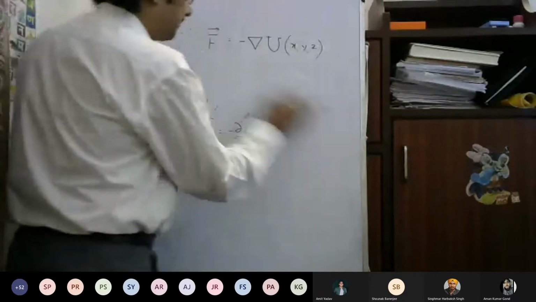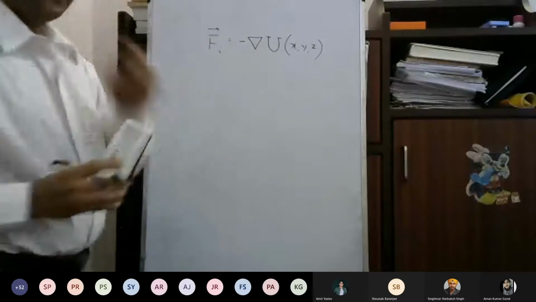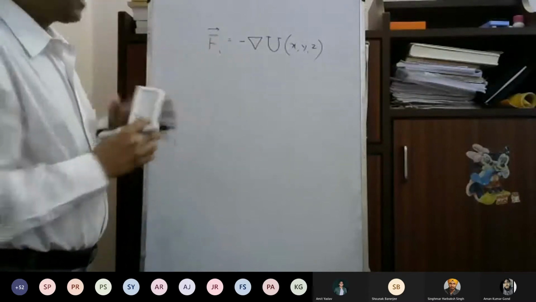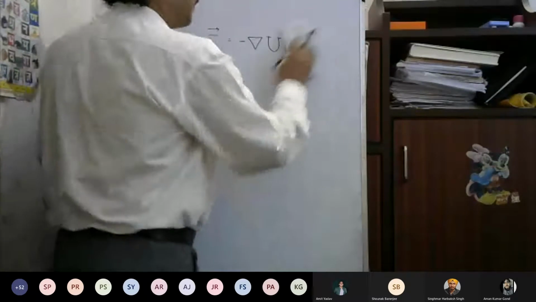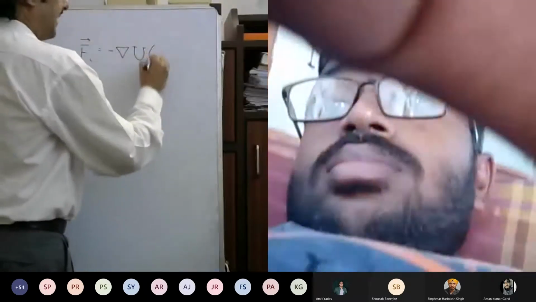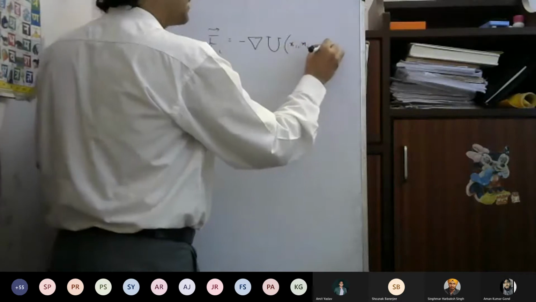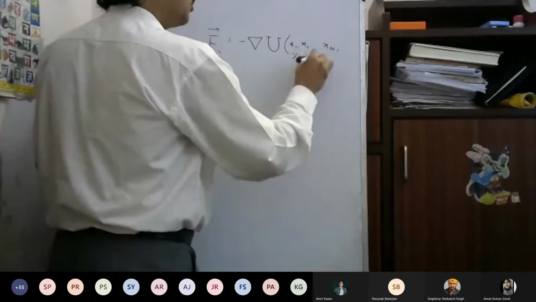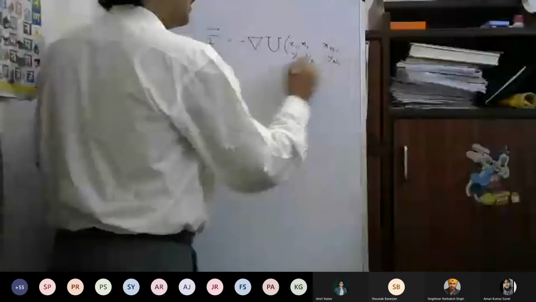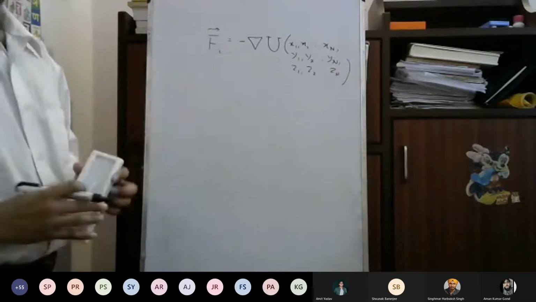Now, let us say Fi, the force on the ith particle, is derivable from a function U, which can take any value of x1, x2 up to xn, y1, y2, yn, similarly z1, z2. U is a function of those quantities.